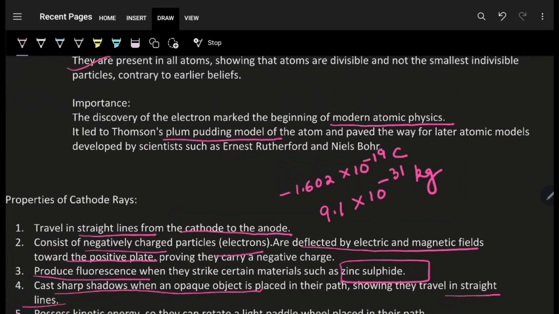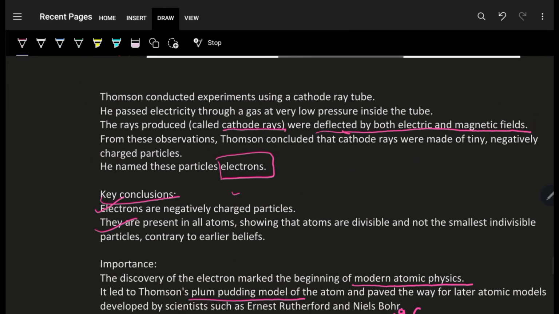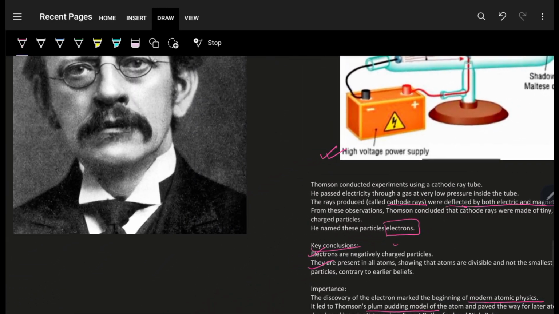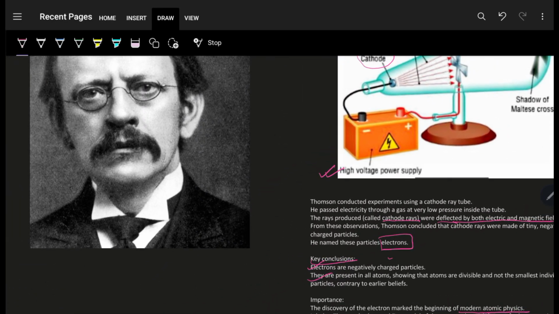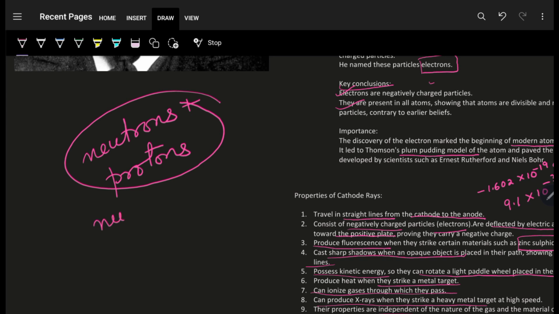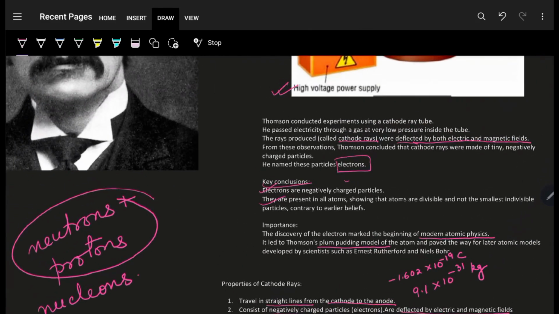So this is how electrons and protons were discovered. And you should know that there are some chargeless particles inside the nucleus, which are also known as neutrons. Now these neutrons and protons, they collectively form the nucleons. That is, these particles form the nucleus of an atom.